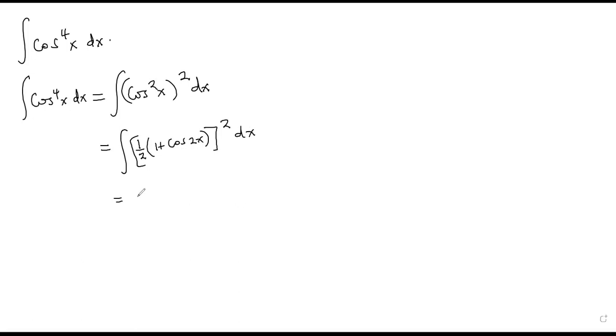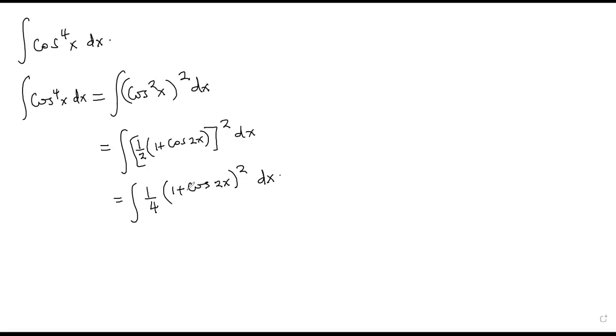So it is the same as the integral of a quarter, then into 1 plus cos 2x, everything squared, then dx. The simple thing to do here is to expand this bracket.